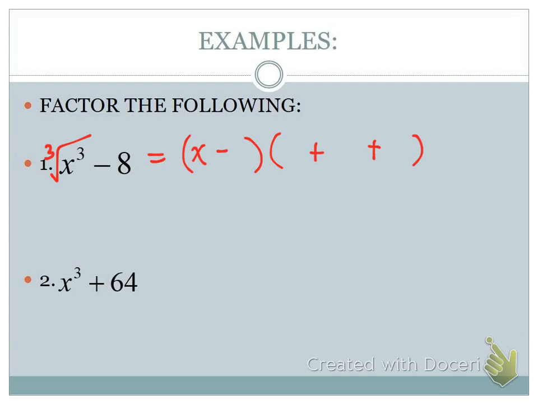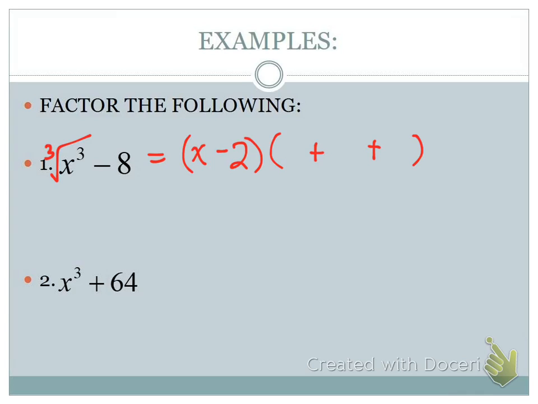So we have to do the same thing for the 8. The cube root of 8. 2. Okay, because 2 times 2 times 2 is equal to 8. Are we all okay with that? So it's more than just square rooting, it's cube rooting. Some calculators will cube root numbers for you. Not all of them.